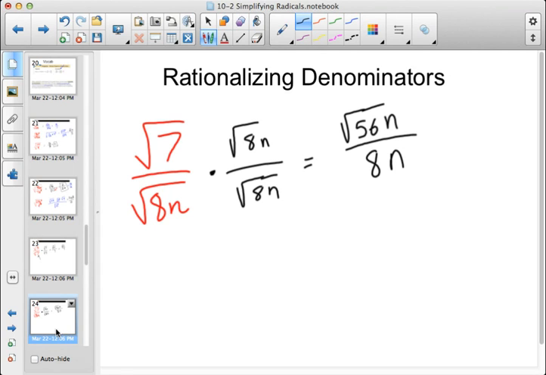Okay. Now the square root of 56, we need to think to ourselves, does that have any perfect squares? Can we simplify that expression? My guess is that it does. It's even, although it's not divisible by 4. I do not believe it's divisible by 3. Let's see here. We could break that up. We can check. Square root of 56 could be like square root of 8 times the square root of 7.